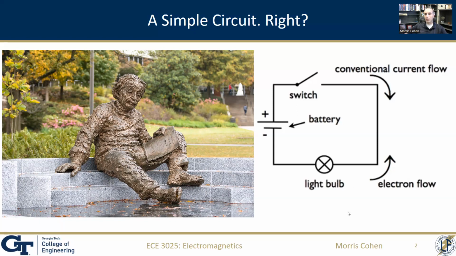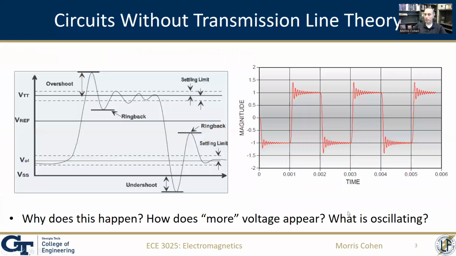So maybe you've seen this before if you've turned on an oscilloscope and plugged it into some sort of digital circuit. And maybe your digital circuit has some sort of square wave or clock or some rapid up and down square wave pulses that you're putting in there.